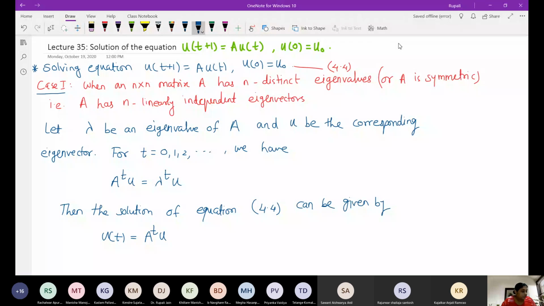If we know the eigenvalues, then its solution will be lambda raised to t u, with the initial vector, say u. If u is the initial vector u0, you say A raised to t u0. Instead of u0, I am writing u only, where u is the initial vector.